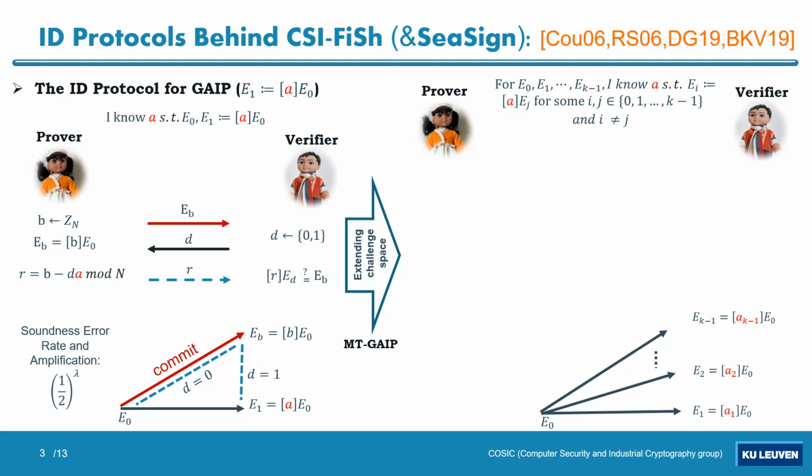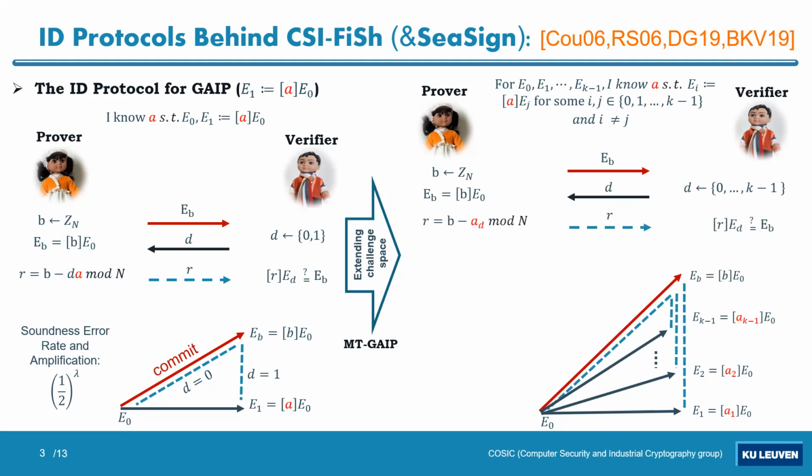This is called the multi-target group action inverse problem, which is again assumed to be hard. The same thing is happening here: you have the commitment, the red ones, then you get challenged, but now instead of a binary challenge you have 0 to k-1. Then you open the response for the one you are challenged on.